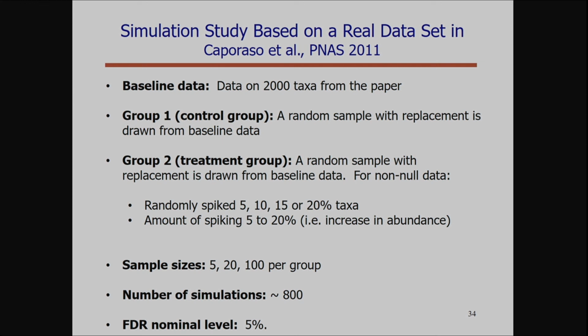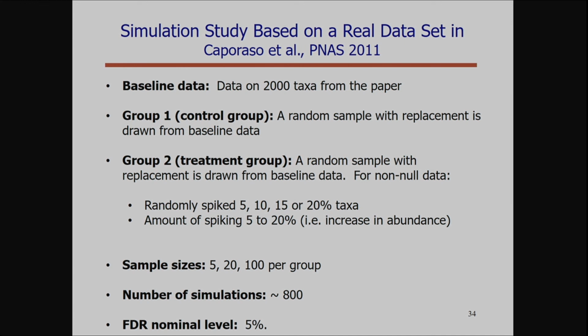That's the abundance table we have. A variety of sample sizes were considered, 5, 20, and 100. The number of simulations is roughly 800, and the FDR that we are trying to control is 5%.